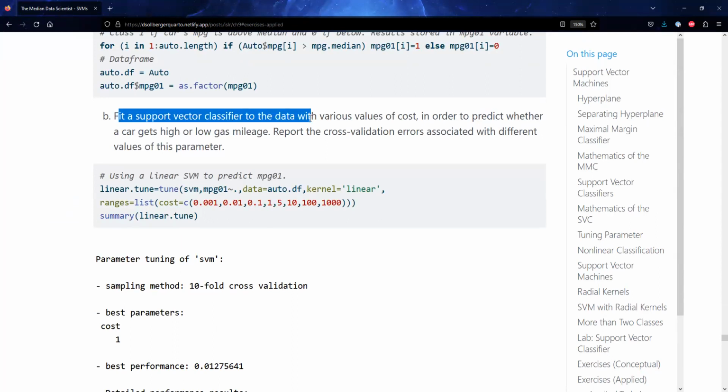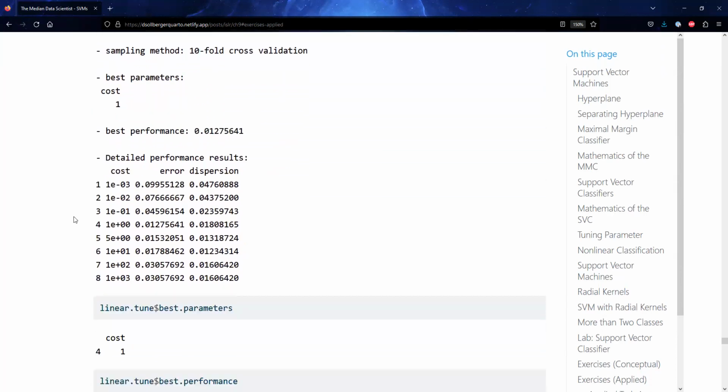Part B, make a support vector classifier, some cross-validation. So once again, while the errors decrease generally when we're increasing the cost, we also are worried about the overfitting.